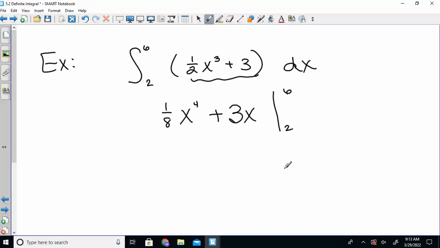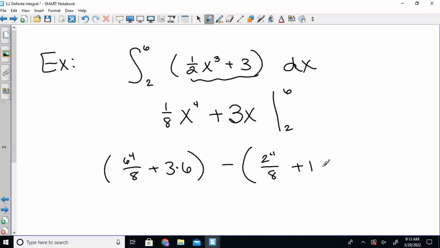And we're going to evaluate this from 2 to 6. So you plug a 6 in. Minus, and plug in your 2. And what do we get?